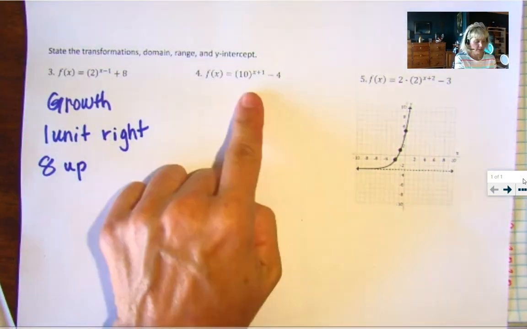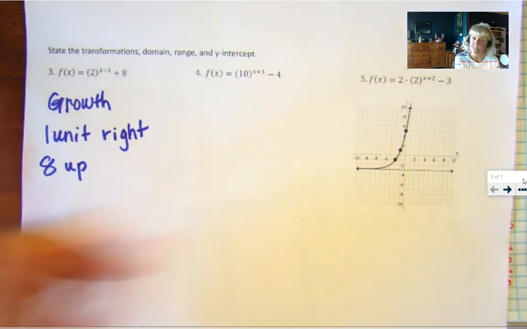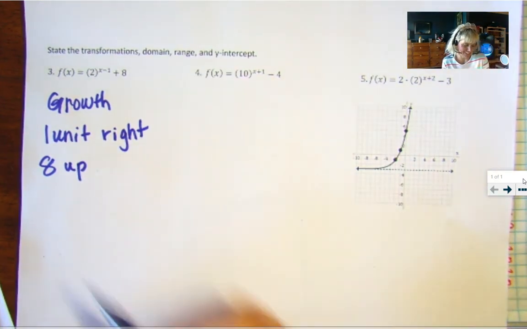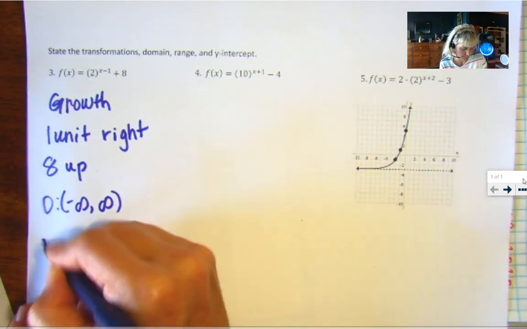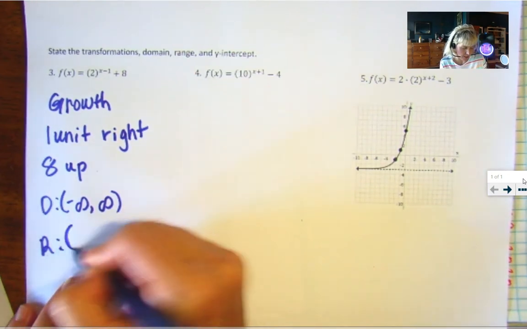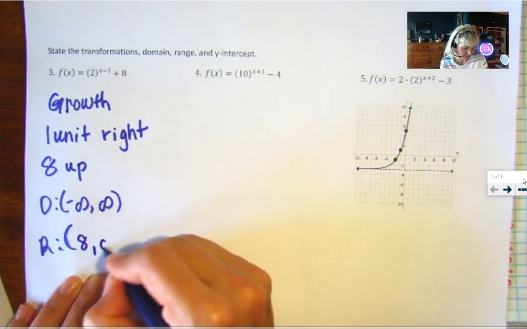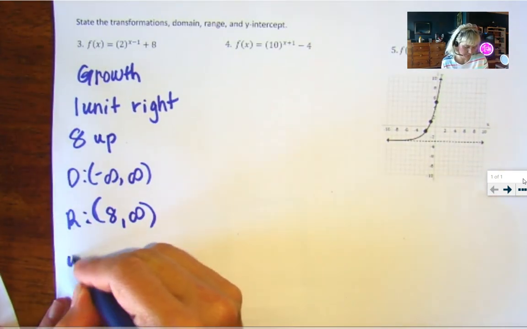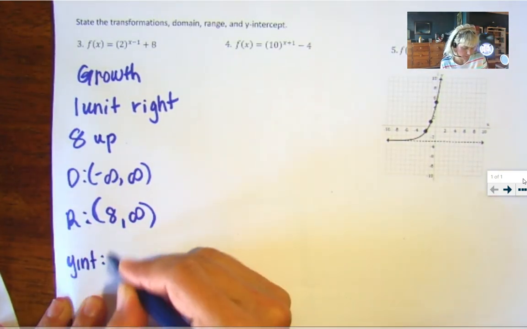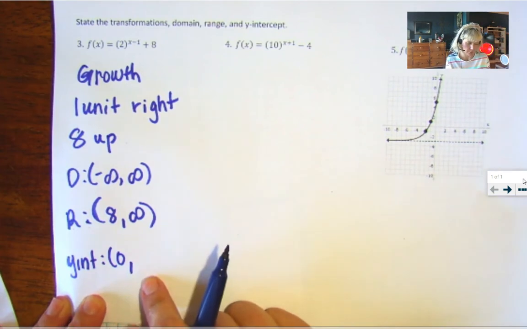If we look at this one right here, oh, hold on, let me back up. Domain and range. Domain, always the same thing. Range is going to be 8 to infinity. Y-intercept. We're going to plug in a 0 and we're going to solve.